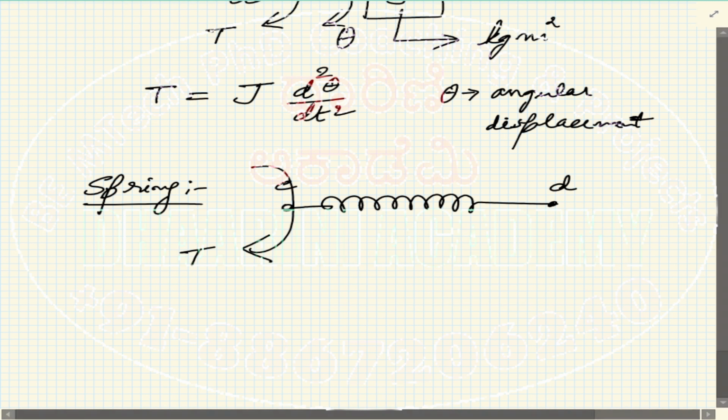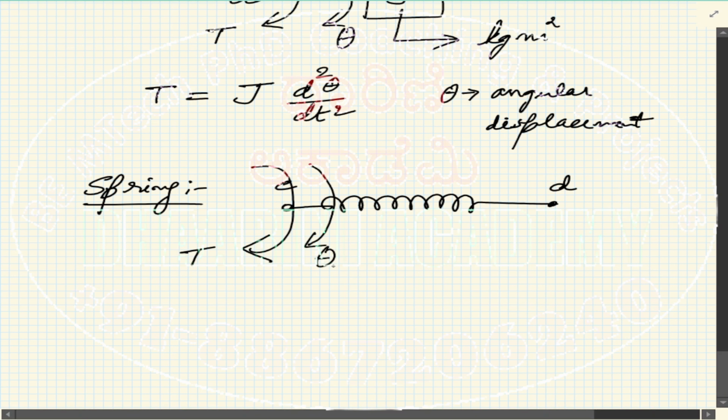Very similar to that, the response of this spring to the torque has to be rotation. So I am going to have two different rotations: xc was there, I'm replacing it with theta c because it is rotational. The other end moves by a different angle, theta d.